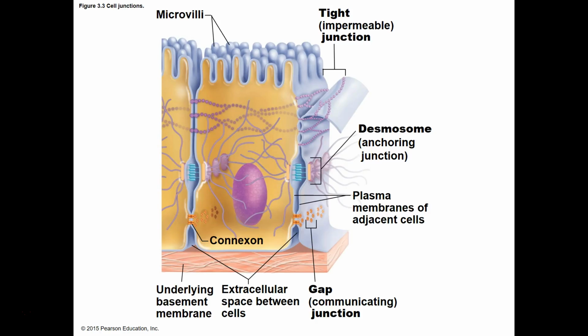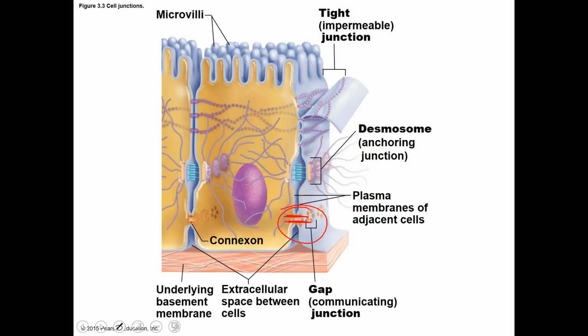So we can see an example of some of these connections. We see gap junctions down there at the bottom. We see these gap junctions that I was talking about, and you can see that they literally connect one cell with the other.